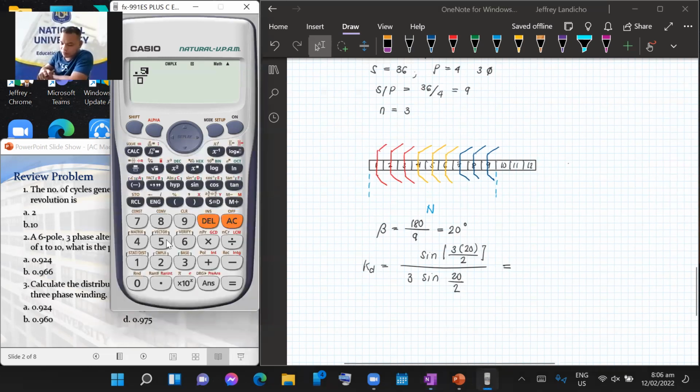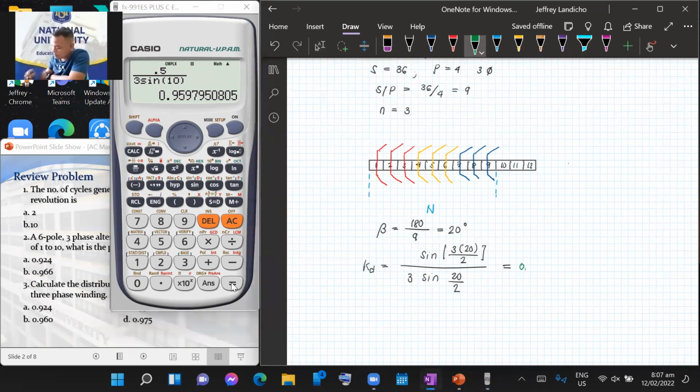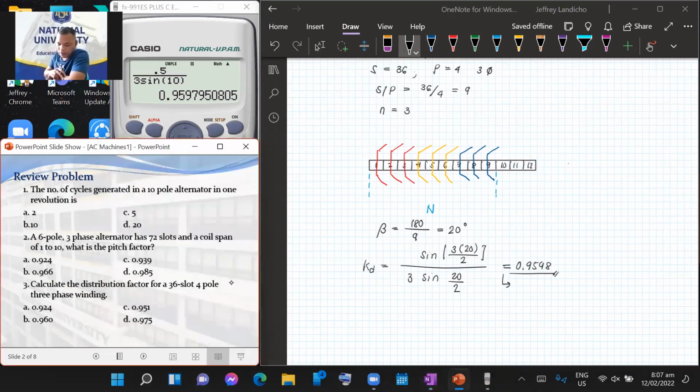So this only 0.5, divide ko ng 3, sine of 10. So that would be our distribution factor. Ang lalabas yan, you have 0.958. So that should be the answer. Ang letter yan, so 0.958 or pwede na 0.96. So that would be our distribution factor.